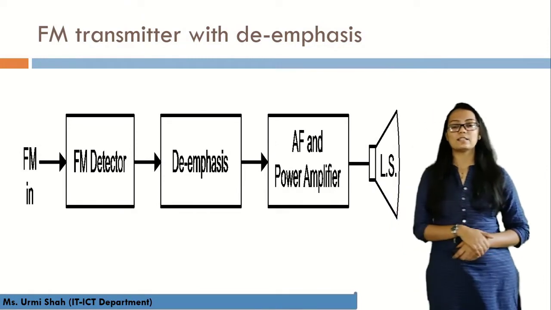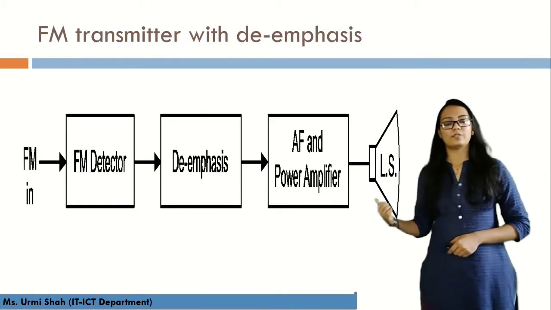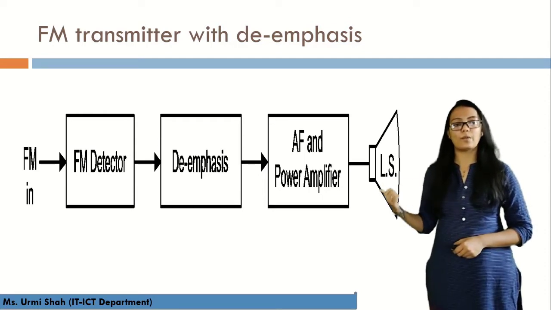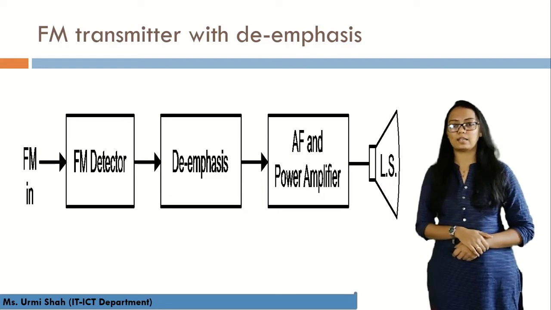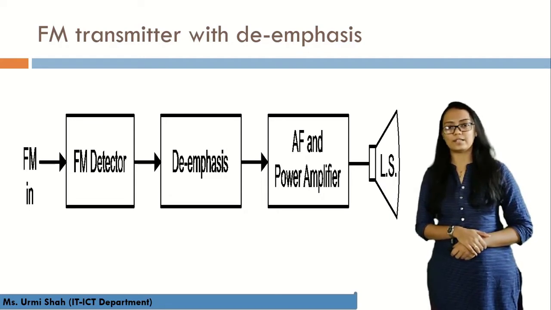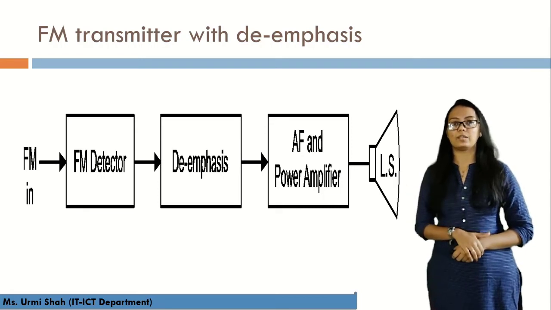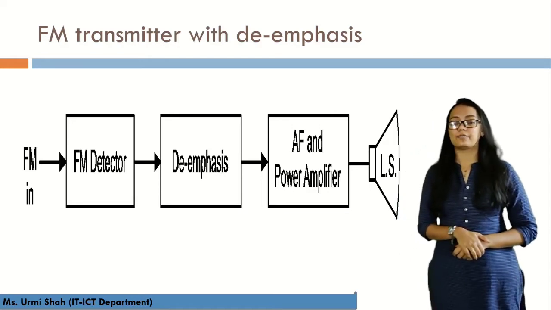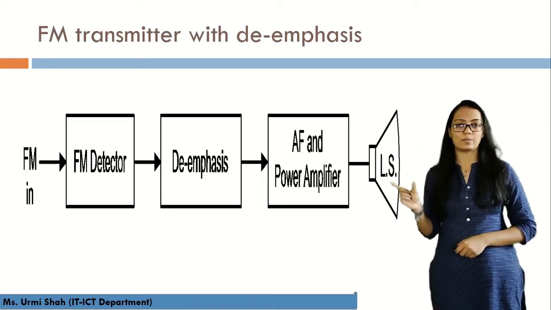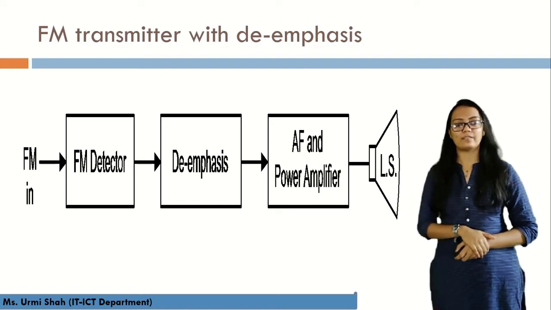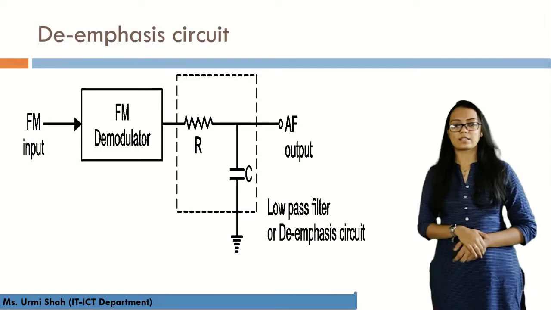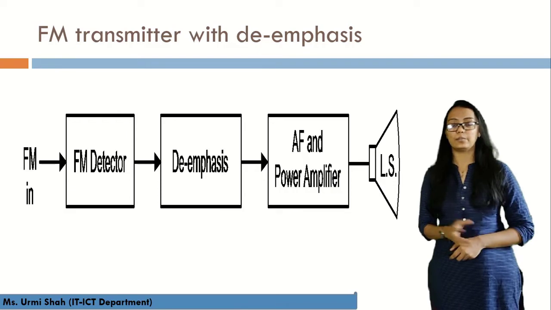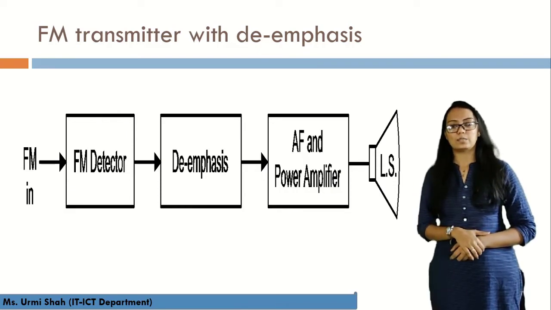Now basically this is where the de-emphasis block falls in the FM system. From the FM input we will have the input going into the FM demodulator circuit, that is nothing but the FM detector circuit. Then this detector is going to pass the signal further into the de-emphasis block. In the de-emphasis block we will have the circuitry which we discussed. Now from this de-emphasis we will have our audio frequency signal back, which was transmitted initially.